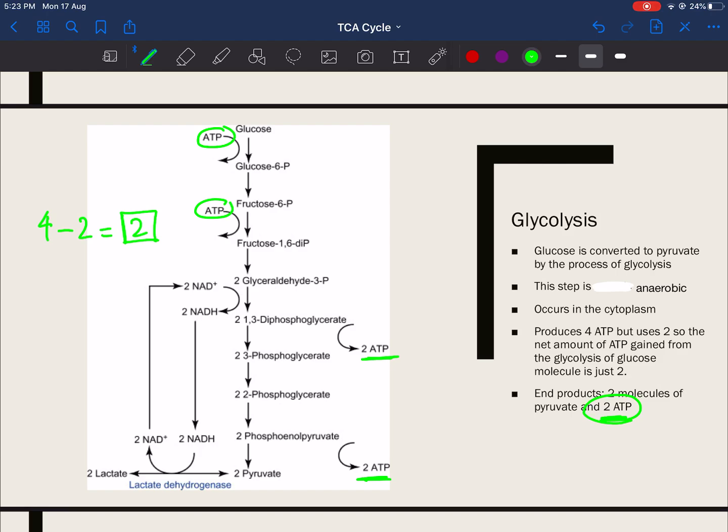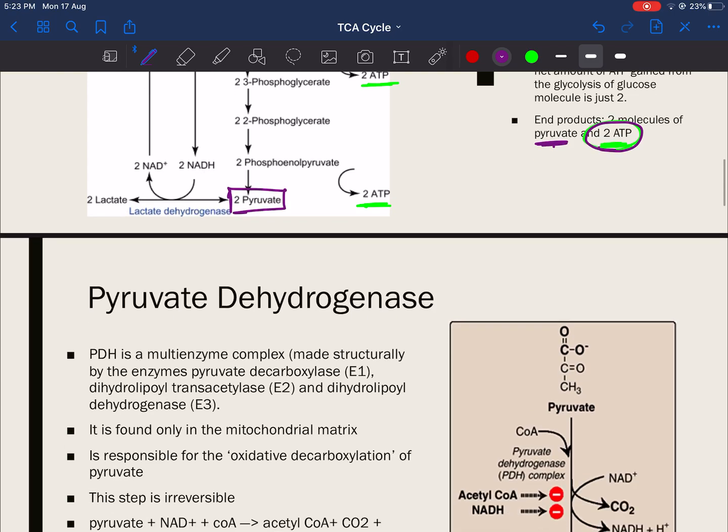This process of glycolysis also produces 2 NADH, which is an electron carrier, and this is going to directly go to the electron transport chain and get reoxidized. And other than that, there are 2 pyruvate molecules as well. So glycolysis ends up with the following products: 2 molecules of ATP, 2 of pyruvate, and 2 NADH. Those are the end products of glycolysis.